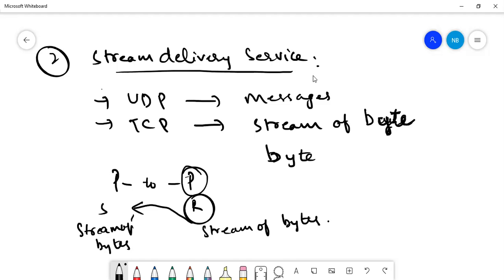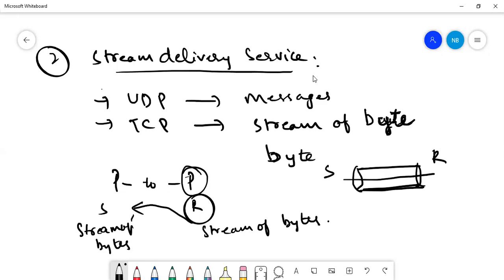So it makes the communication happen. As we know, a stream is nothing but a collection of bits, so it should pass through some pipe kind of structure.